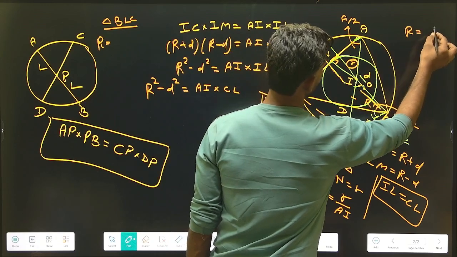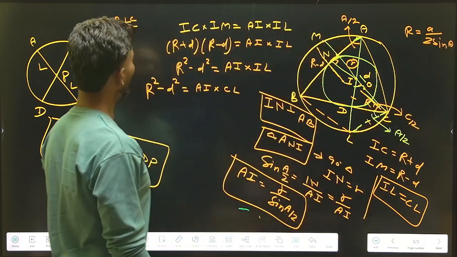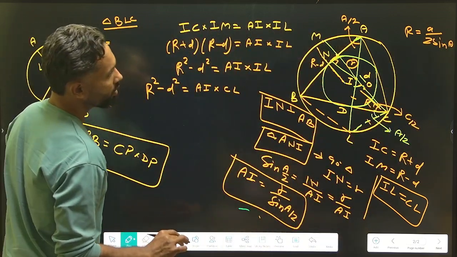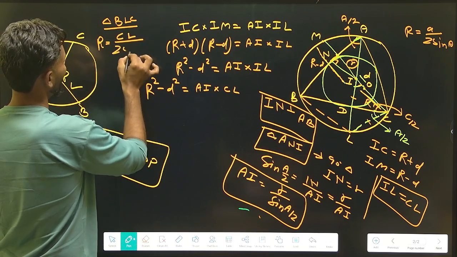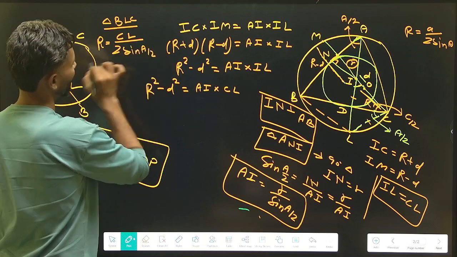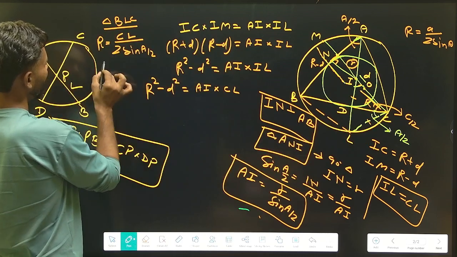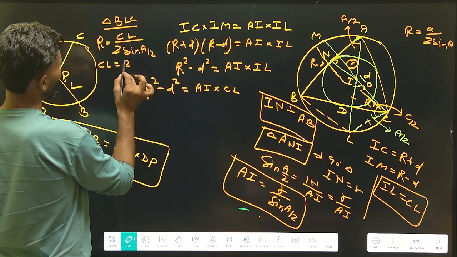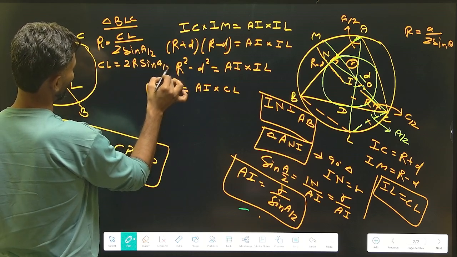R is equal to A upon 2 sine A. So R will be equal to CL upon 2 sine A by 2, because the angle is A by 2. So I can say that CL is equal to 2R sine A by 2.